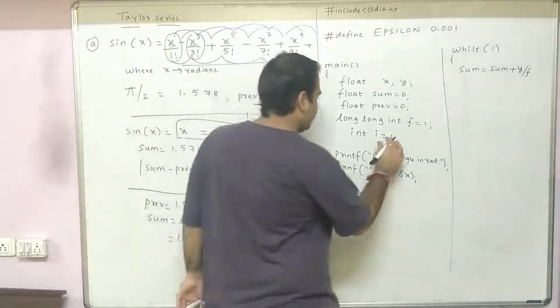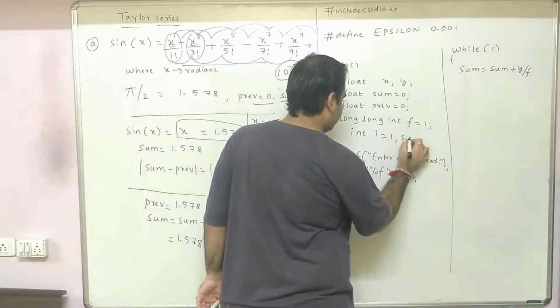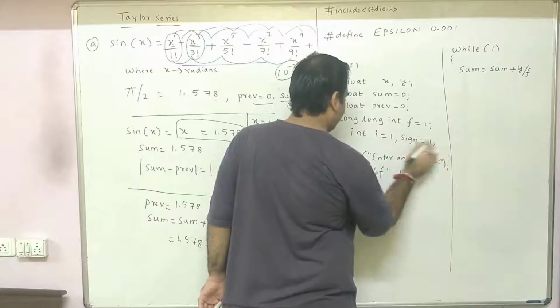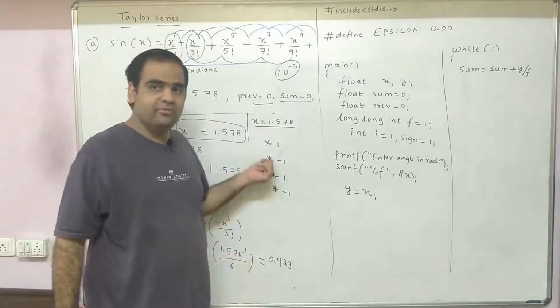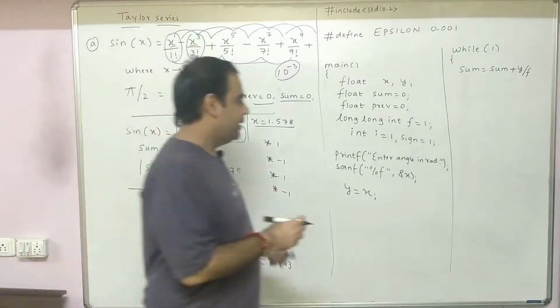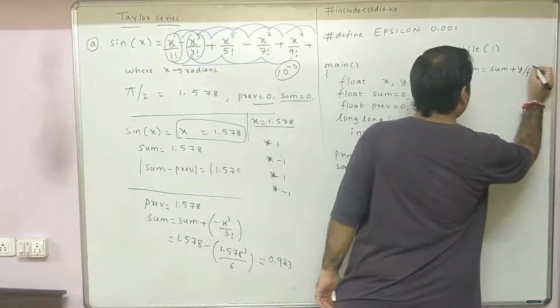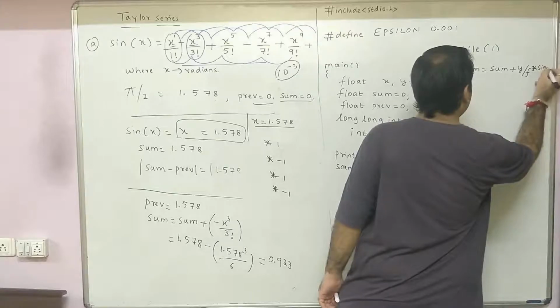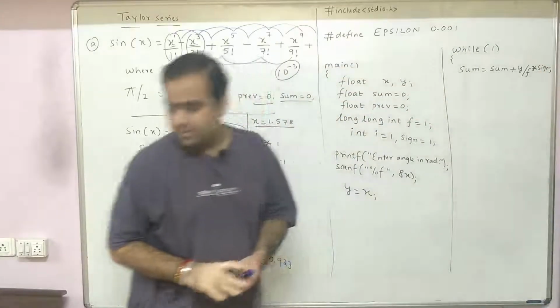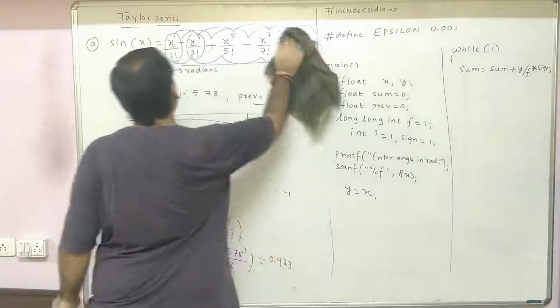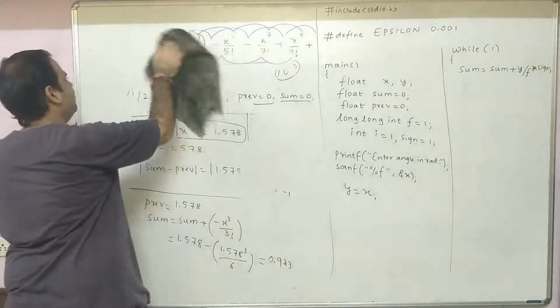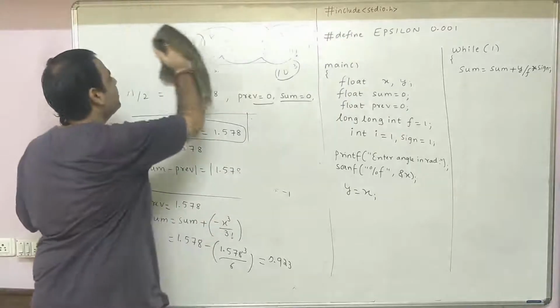Therefore, let us take one more variable called sign. If sign is 1, we will multiply by 1. If sign is minus 1, we will multiply by minus 1. Hence, I write multiplied by sign. Is that okay?